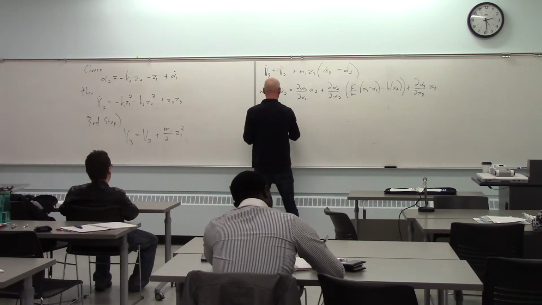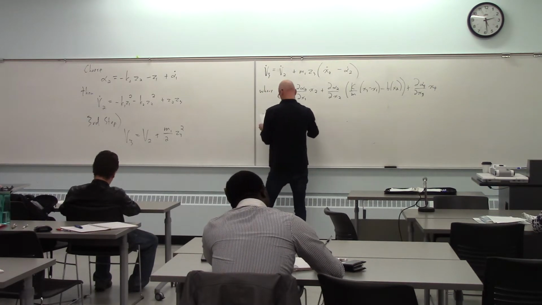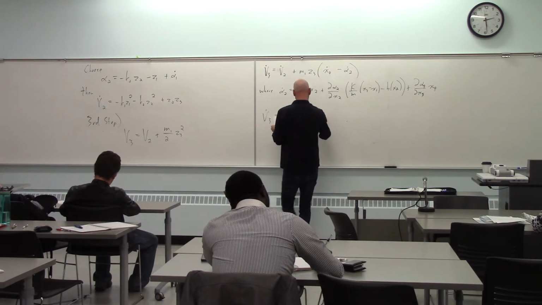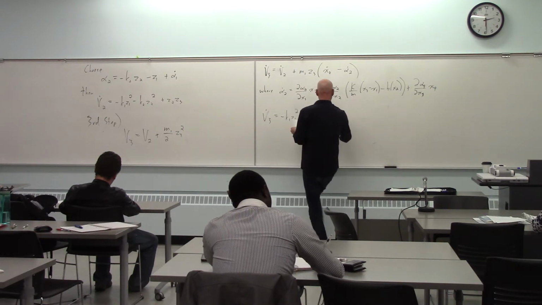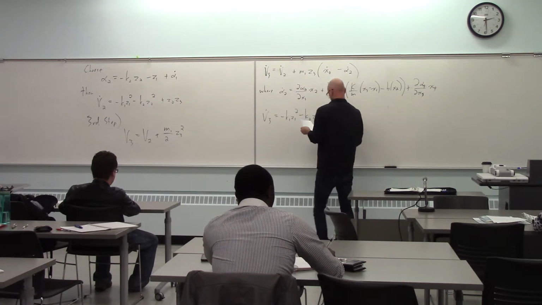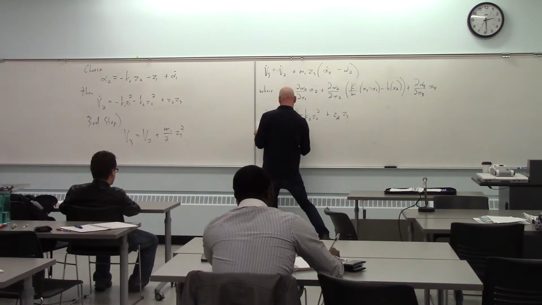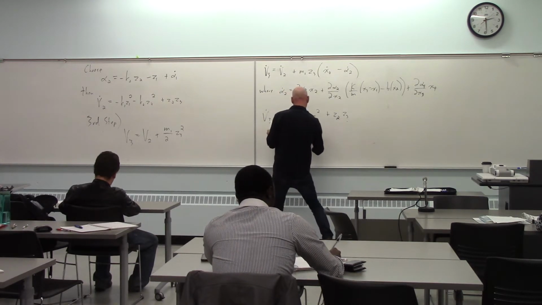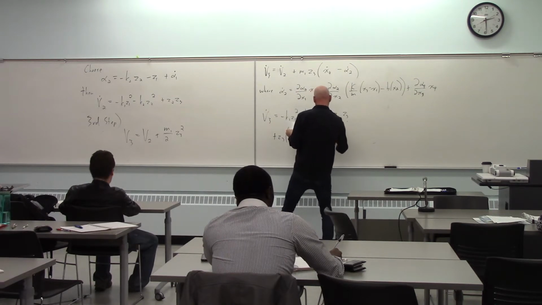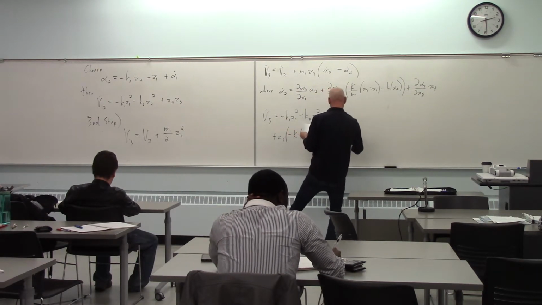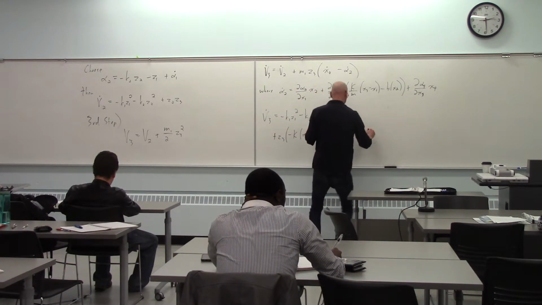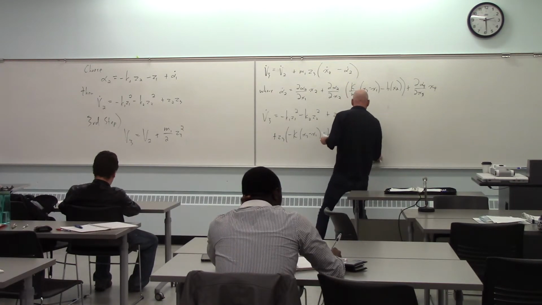v3 dot is minus k1 z1 squared minus k2 z2 squared plus z2 z3 plus z3 times minus k x3 minus x1 minus b of x4 plus u minus m1 alpha 2 dot.